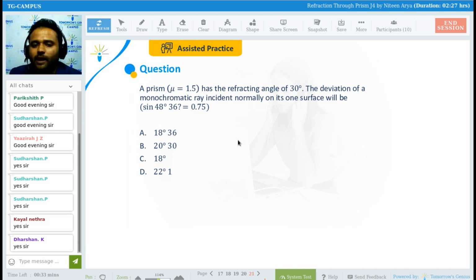Now this one is your question. A prism of refractive index mu has a refracting angle. The deviation of a monochromatic ray incident normally on one surface will be sin 48 degree 36 minutes. What does it mean? 48 degree 36 minutes.